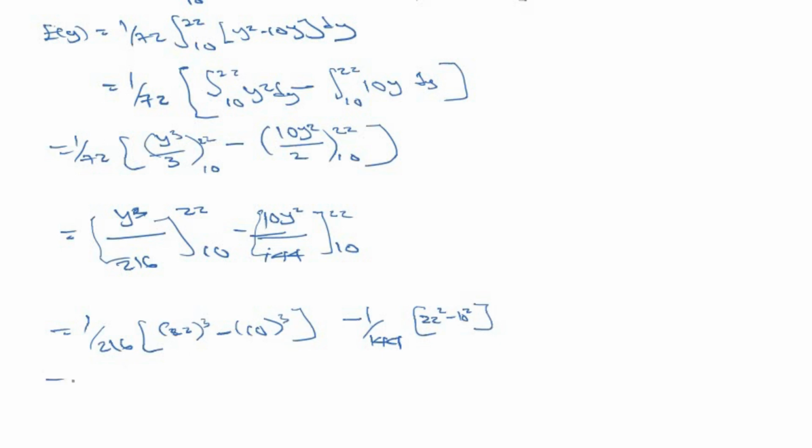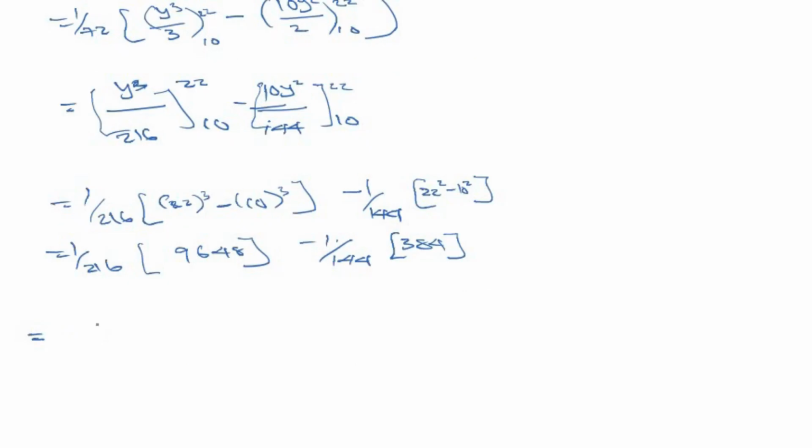Now further simplifying, we have 1 over 216 times the bracket. If you compute this in your calculator, you are going to have 9648, and this also 1 over 144. If you compute this in your calculator, you are going to have 384.